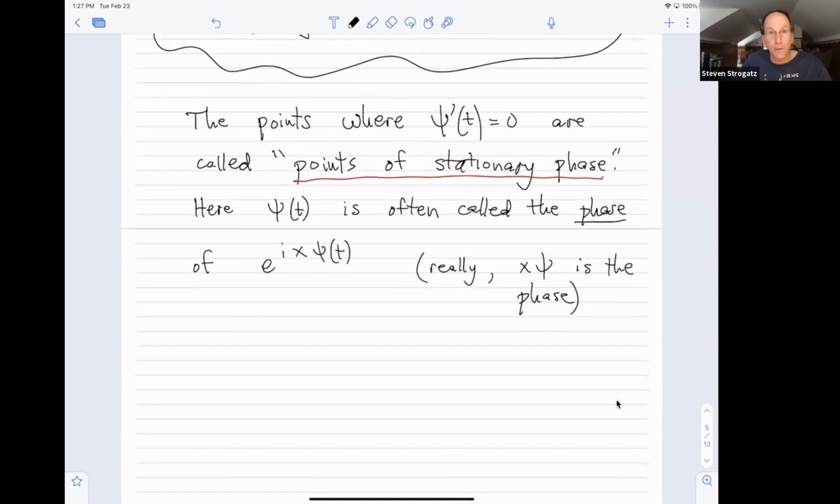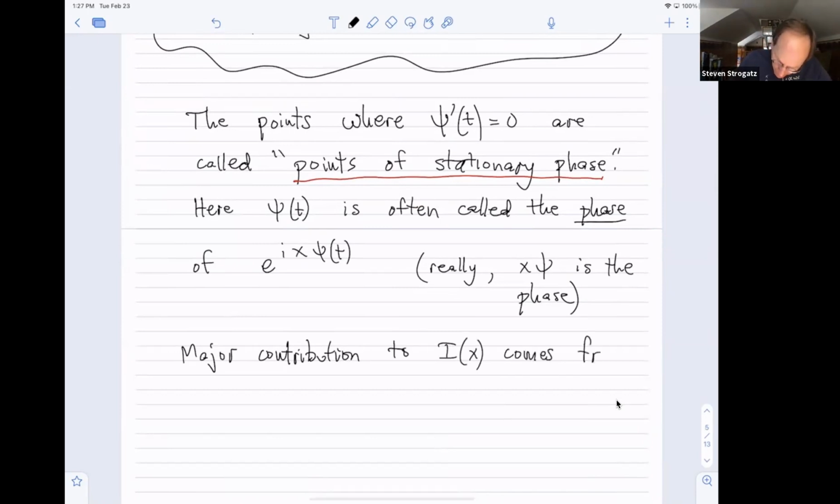That's where the major contribution to the integral comes from. So the major contribution to I of x comes from the neighborhood of such points.